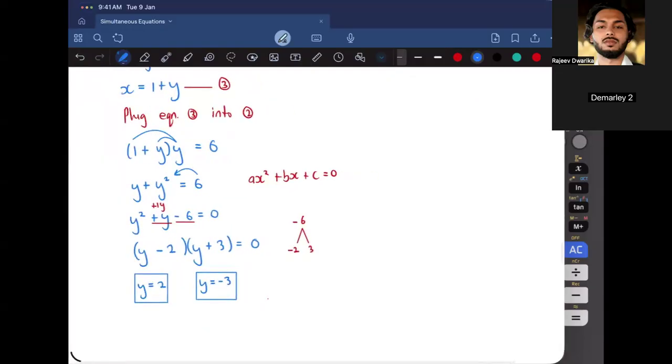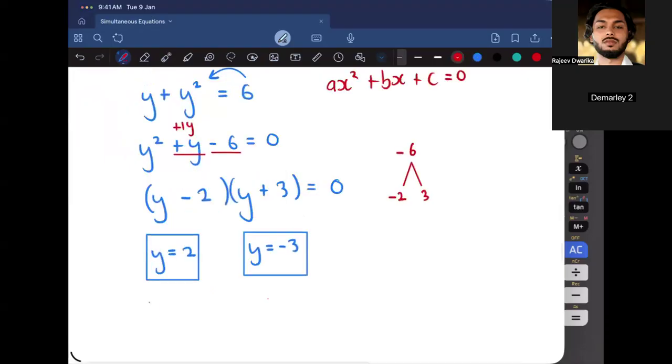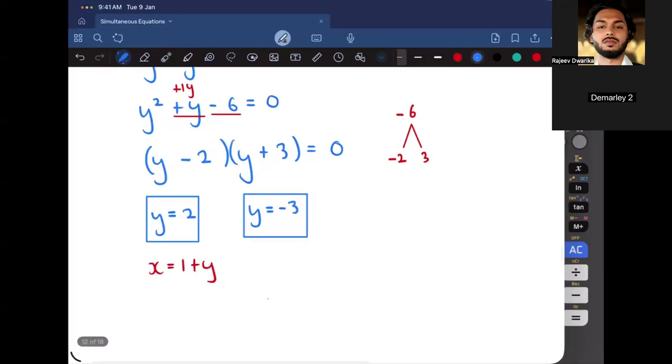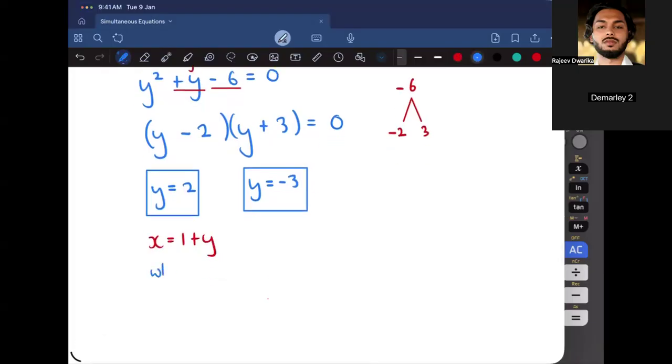So the equation was x is equal to 1 plus y. When y is equal to 2, what is x gonna be? x is gonna be 3. Pretty straightforward, I would say.